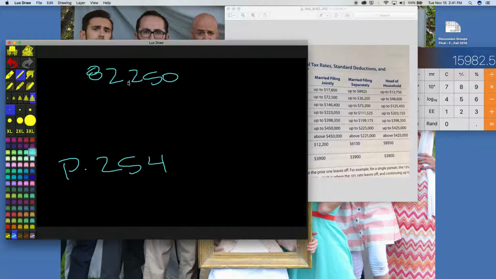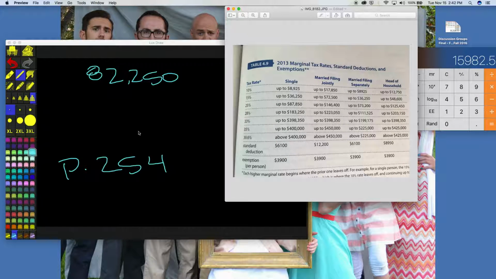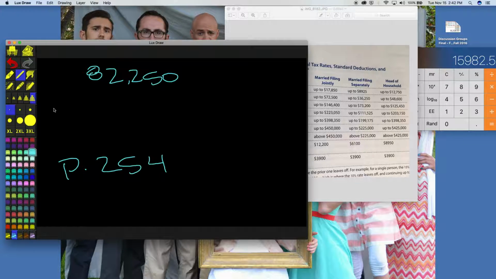He's single, so that's important. The tax rate is 10% up to $8,295. So I say 0.1 times 8,295. So 10% of $8,295 of his income is going to be taxed at 10%.